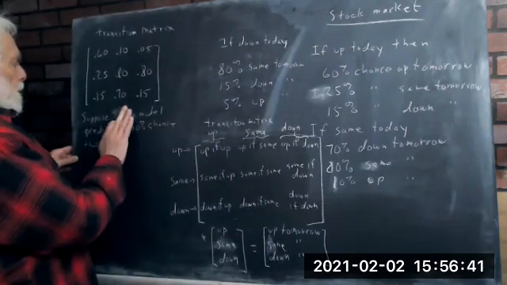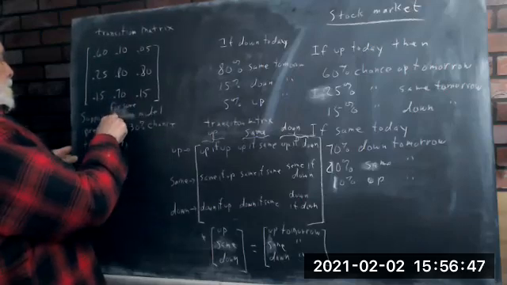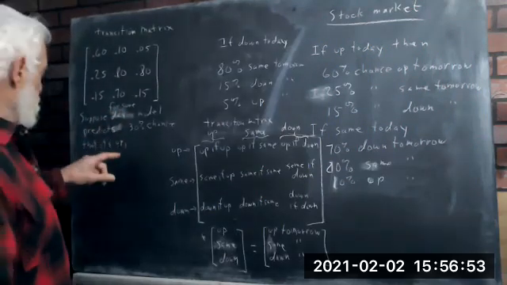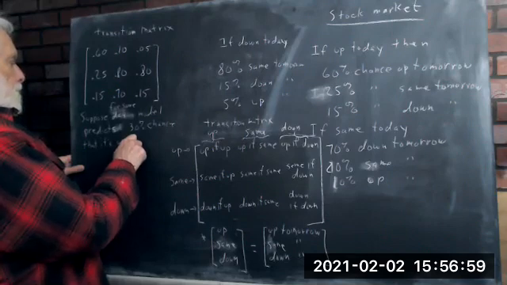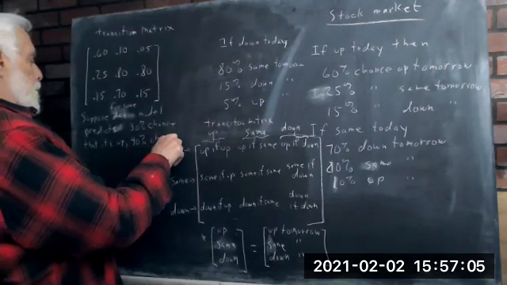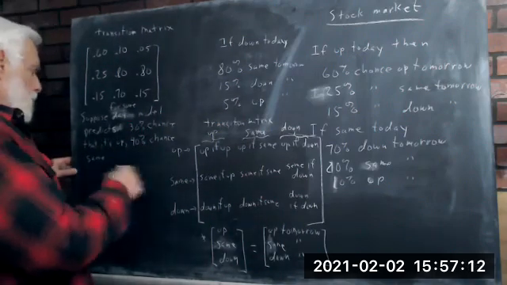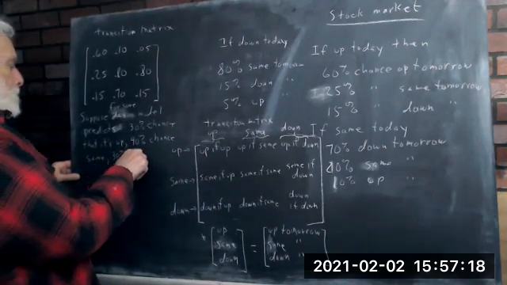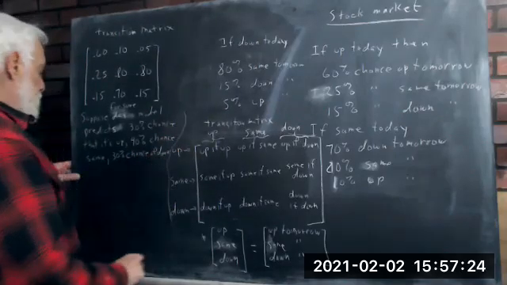So let's say for some day, the model predicts a 30% chance that the market's up, 40% chance it's the same, and a 30% chance of down. Okay.